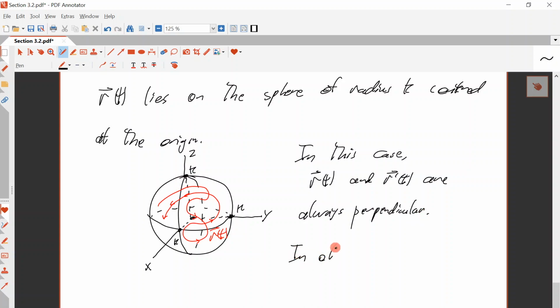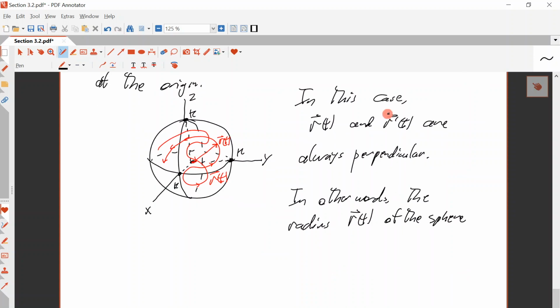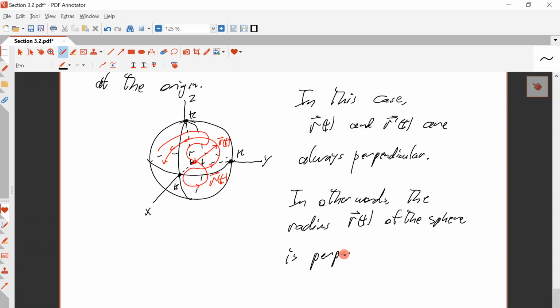In other words, the radius of the sphere, the vector r of t, whose tail is the origin and whose head is being traced onto this curve, like that, that radius is perpendicular to the tangent, r prime of t, of the sphere.